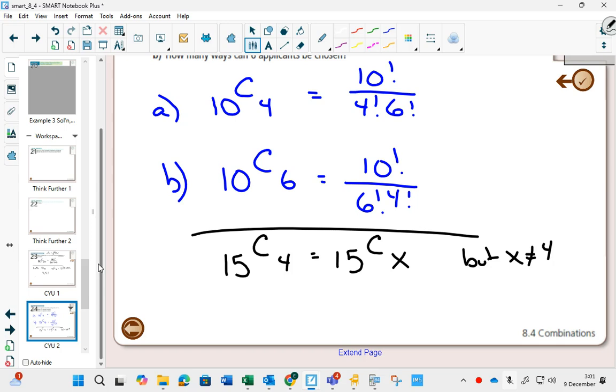That makes sense. If you went to your formulas, it gets a little bit messy. But if you just use this idea, what is x? 11. Because making a group of 4 would be the same as making a group of 11.